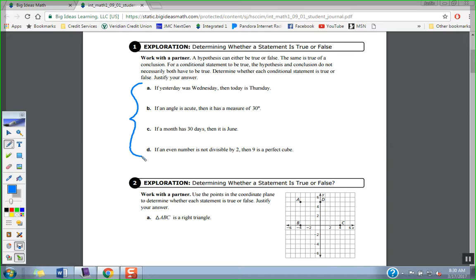True or false? I just want to know if you think these statements are true or false when you read through them.